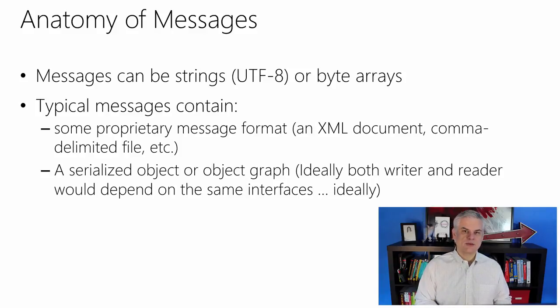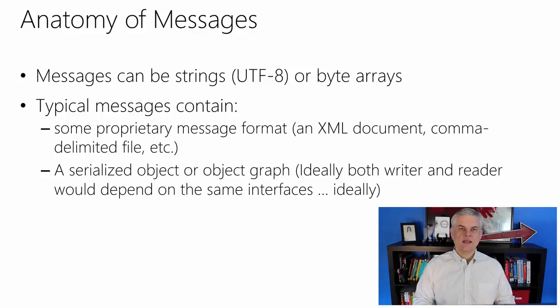Now, if you're going to serialize objects like I'll demonstrate in a module or two, or an object graph into a queue, then ideally both the reader and the writer would depend on the same interface in that particular case, so that they both know how to work with that particular object graph.